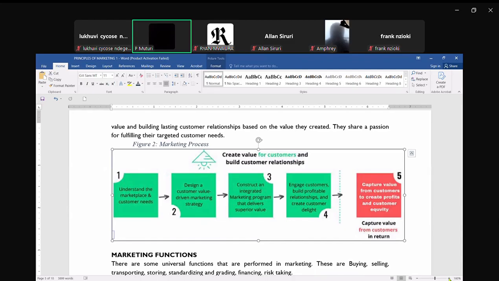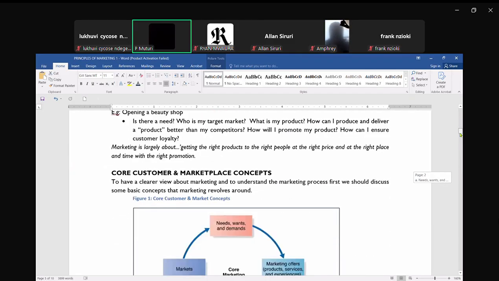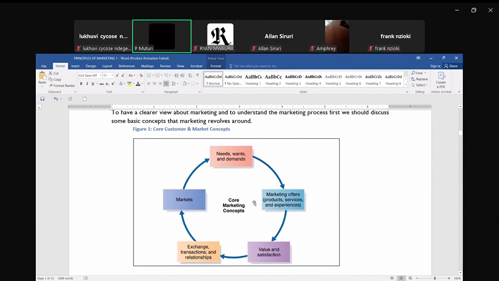So they come in within the first process, which is understanding the marketplace and customer needs. If I'm not losing anyone, these things are within that first step or first stage in the marketing process of understanding the marketplace and customer, as well as identifying customer needs.